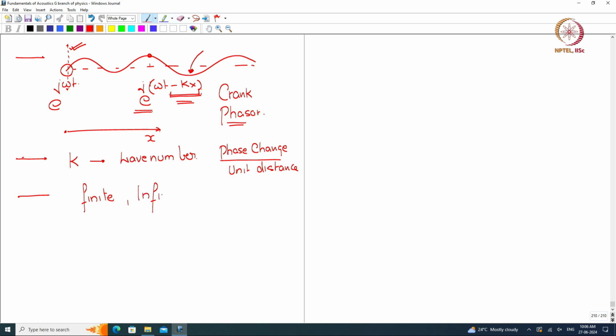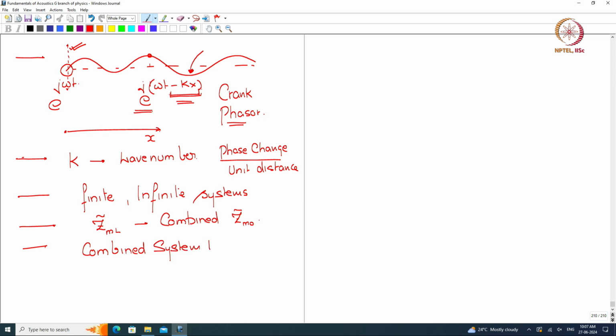Infinite systems, forced, etc. with mechanical impedances at the end, and how to combine combined impedance at the driver, and then resonances, etc. Resonances, combined system resonances. Okay.